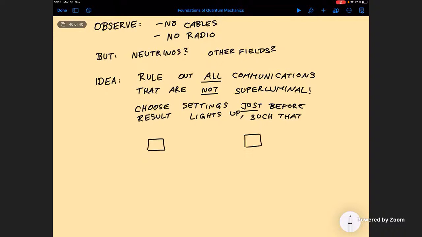We can draw the situation here. There's A, there's B. And let's say delta t would be the time interval between your choice of the setting and when the result shows up.